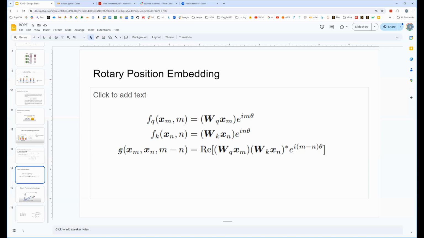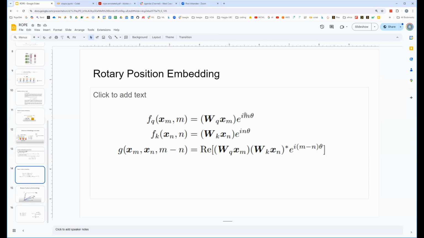And the similarity function that we use for attention between two tokens at two different locations is a function of just the difference in position between the tokens, times the dot product of the two.